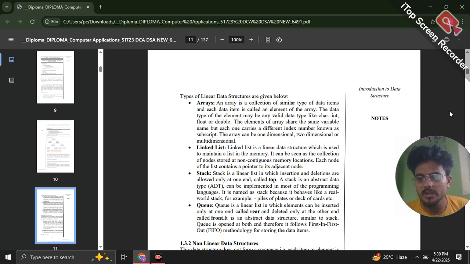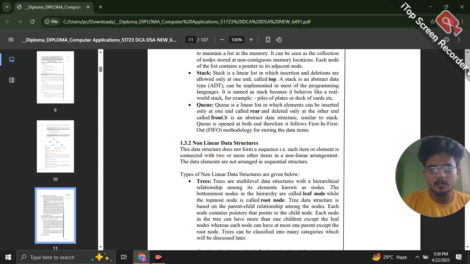So we studied stack and queue. Queue is first in first out, storing the data items similar to stack. Queue is open at both ends. Have you seen insertion and deletion? Let me remember one example of queue.